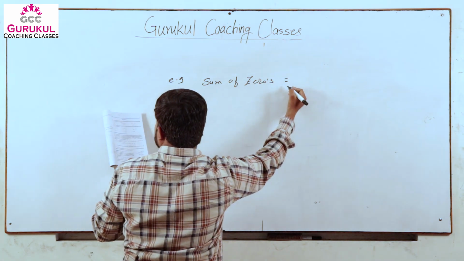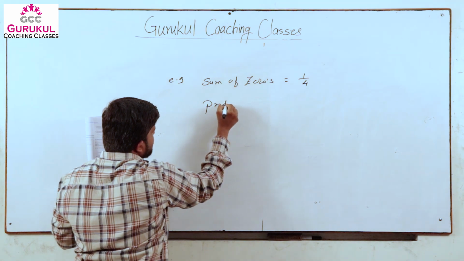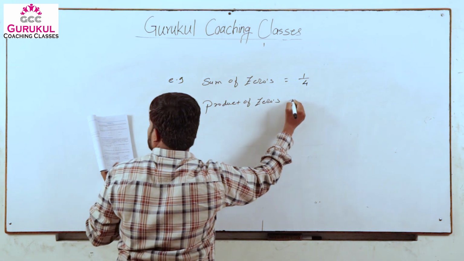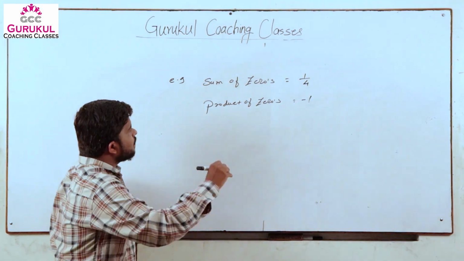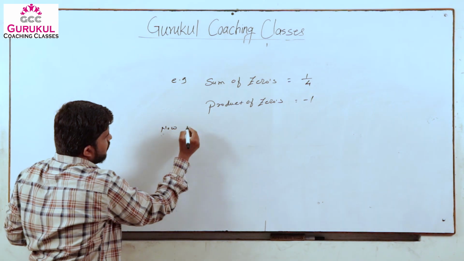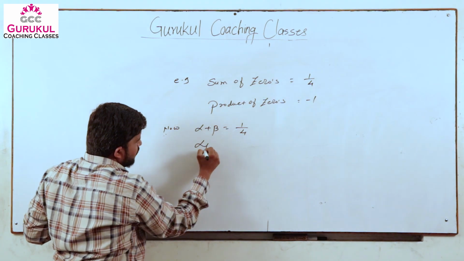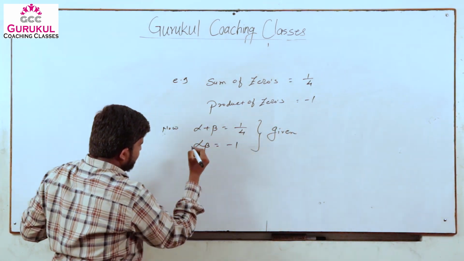Sum of zeros 1 by 4, product of zeros minus 1. Now alpha plus beta is 1 by 4, alpha into beta is minus 1. These are given.